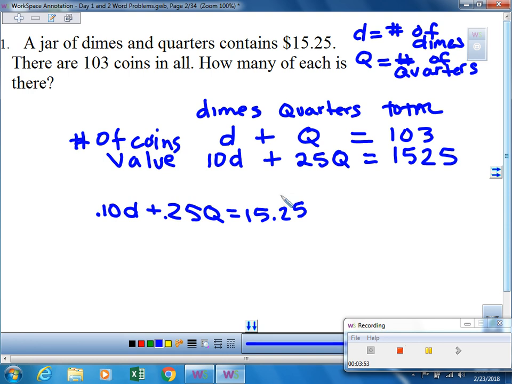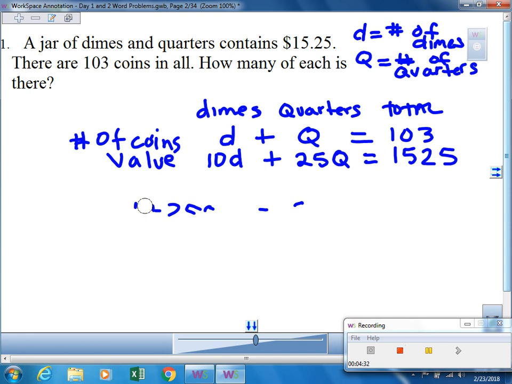What did we do when we learned how to work equations with decimals? We moved them. We multiplied by a power of 10 and moved all of these places. That's why I wrote them in whole numbers. So you're just going to eliminate the decimal from the start.